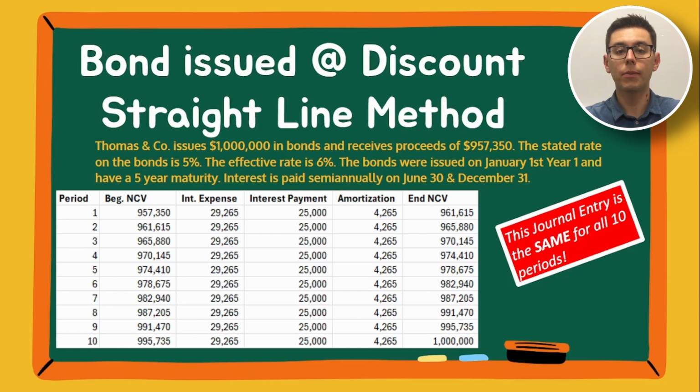So last time for premium we subtracted because we were above $1 million and we wanted to come down to it. But now with our discount, our carrying value is below $1 million of face value, and we want to bring it up to $1 million. So you'll see that we add the amortization in this case. Note again, as you can see in each column, the journal entry is going to be the same for all 10 periods, and that's the really nice thing about the straight line method.